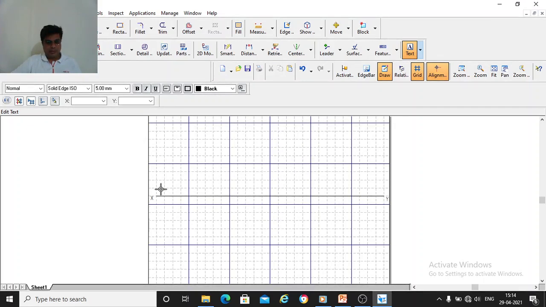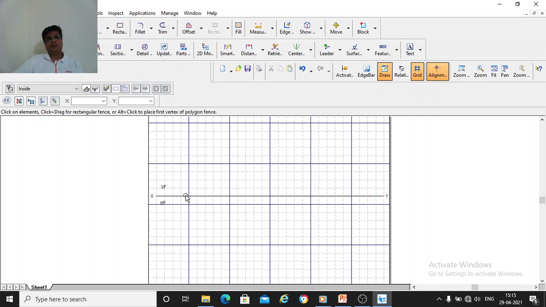So here you can write vertical plane, and below this line is all the horizontal plane. Here you can write horizontal plane with your HB pencil. You can write it neatly at some corner here, keep it at the end.